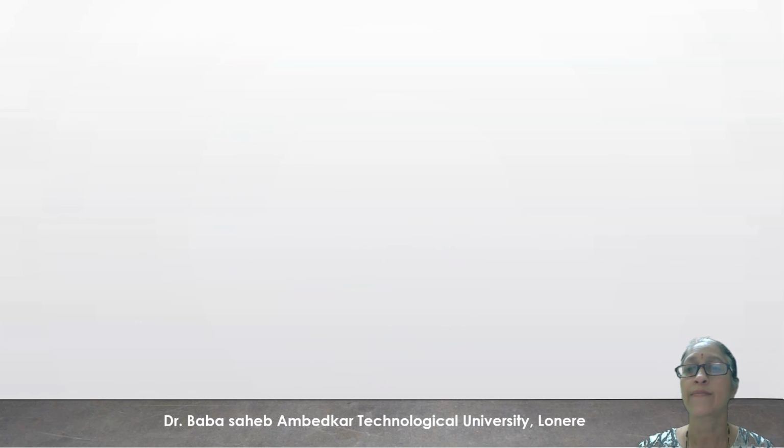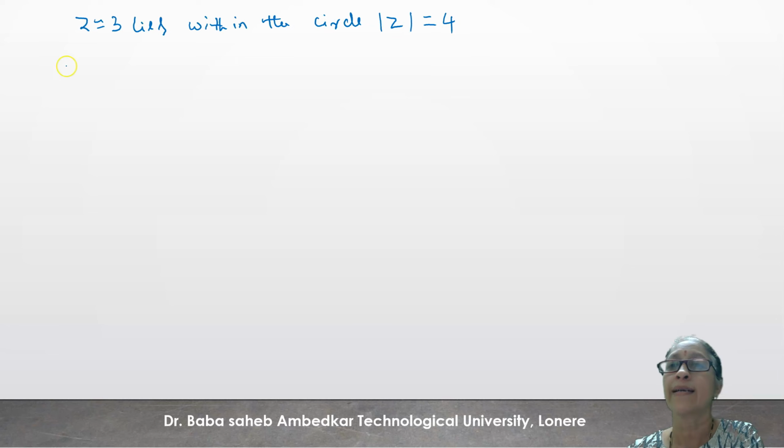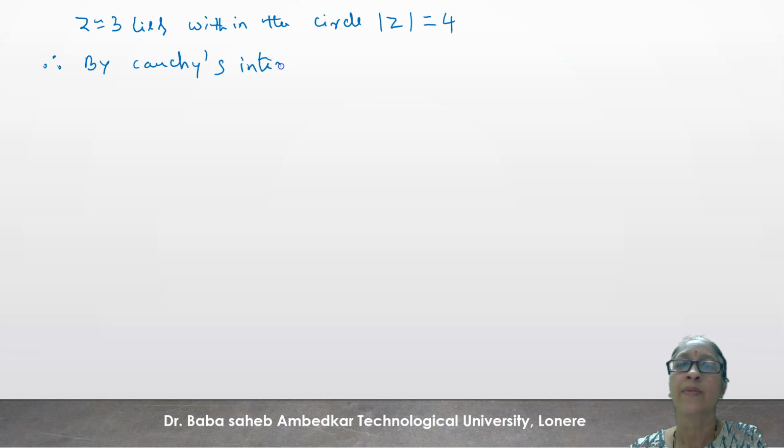So here z equal to 3 lies within the circle. What is that circle? Mod z equal to 4. Therefore, by Cauchy's integral formula, what is that formula?